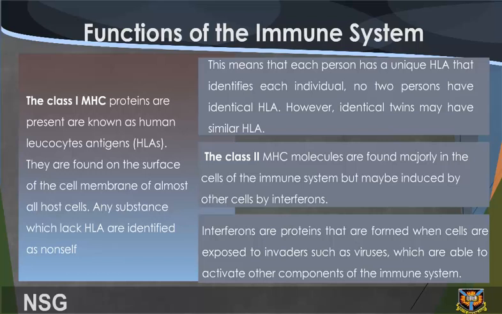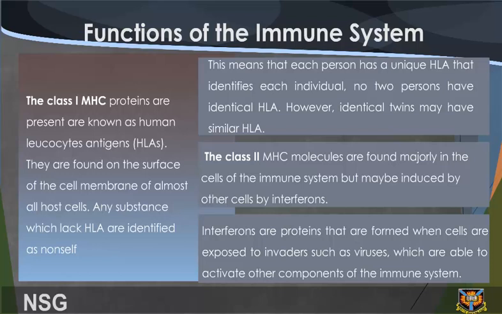They are found on the surface of the cell membrane of almost all host cells. Any substance which lacks HLA is identified as non-self. This means that each person has a unique HLA that identifies each individual. No 2 persons have identical HLA.